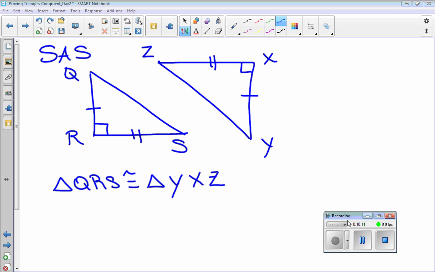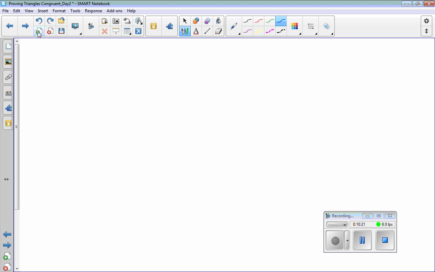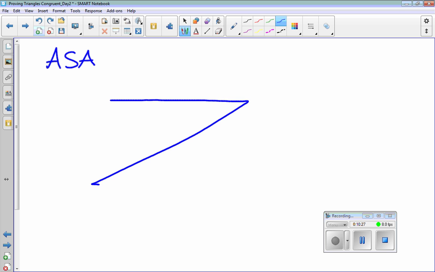Okay, should we try angle side angle now? Let's look at this picture. I'll let you look at mine. It's always on mine if you don't have it. You can look at the notes as well. So, angle side angle. It's on this flap. Again, only draw the picture.